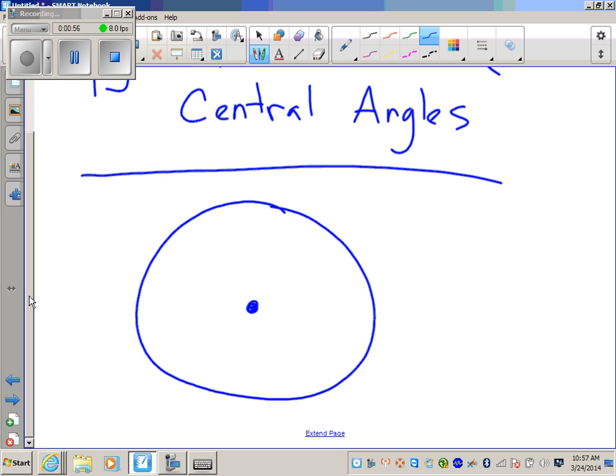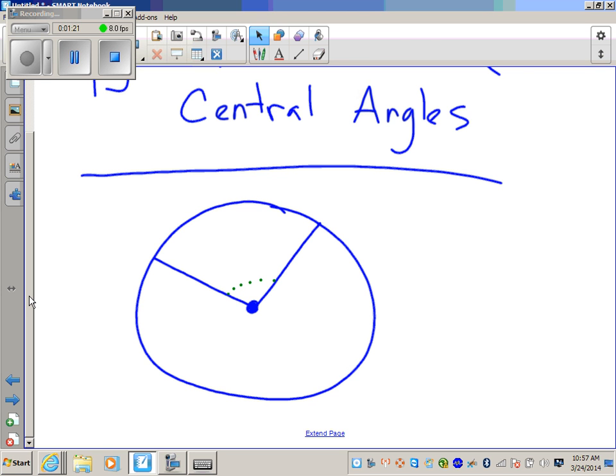Circles and central angles. Now, what do you know about a central angle? Well, a central angle for a circle is going to be an angle that is formed using the center of the circle. Okay?